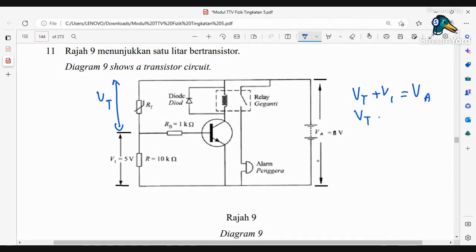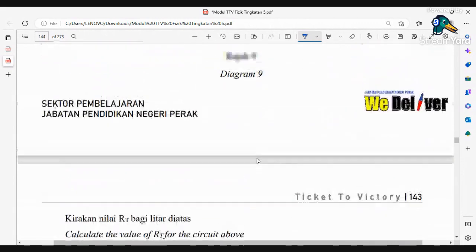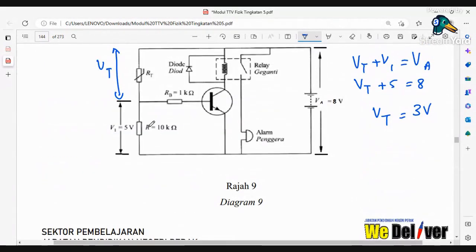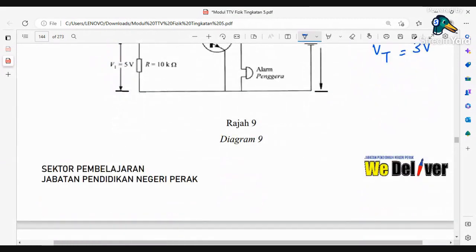So VT plus 5 equals 8, which means VT equals 3 volt. We want to find the value of R. Find the current that is flowing through R first.